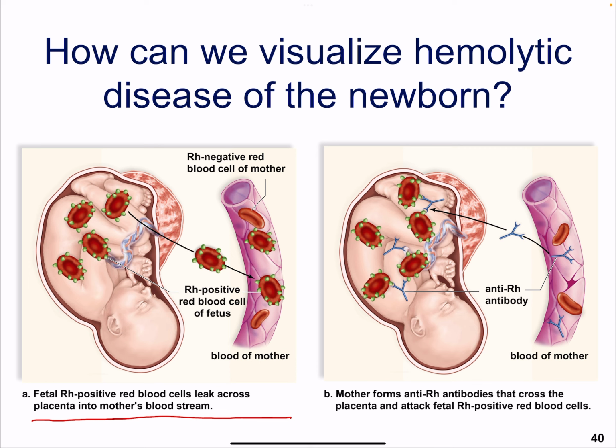That placenta barrier prevents a movement of the fetus red blood cell to mom's circulatory system. There is no exchange of blood cells between mom and the fetus during pregnancy. So if a mom is rhesus negative and dad is rhesus positive, the baby is born with rhesus positive blood.